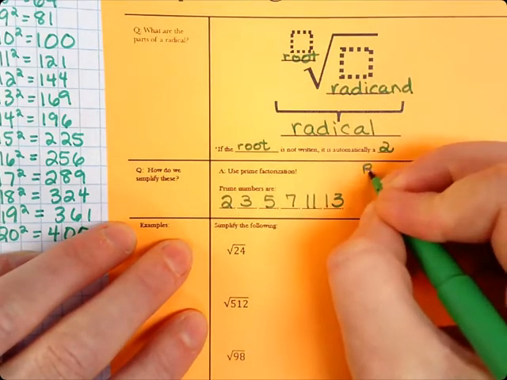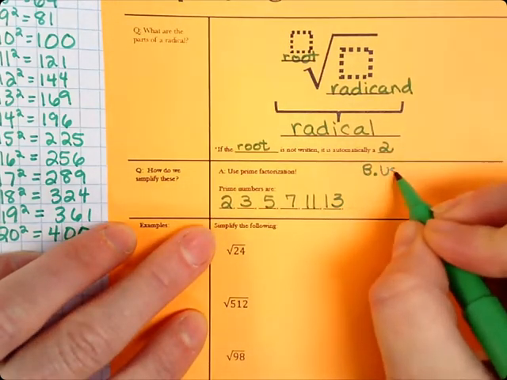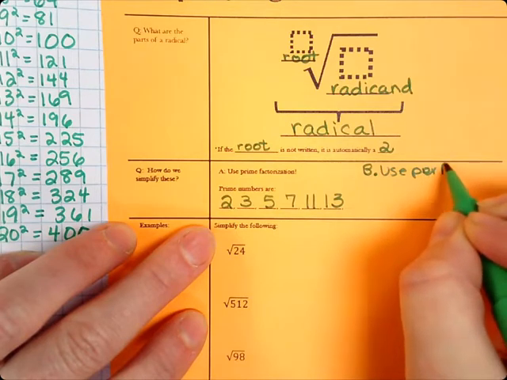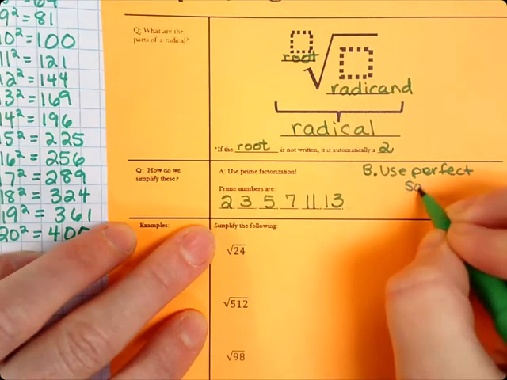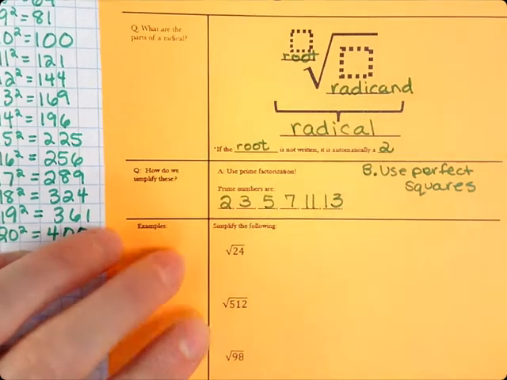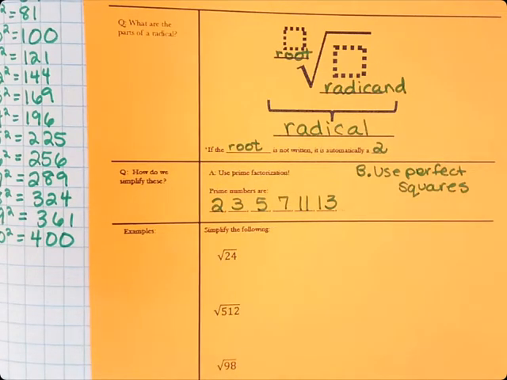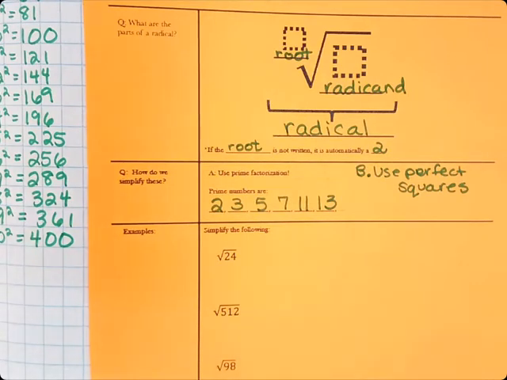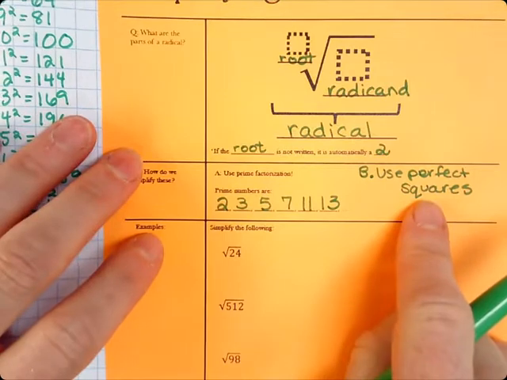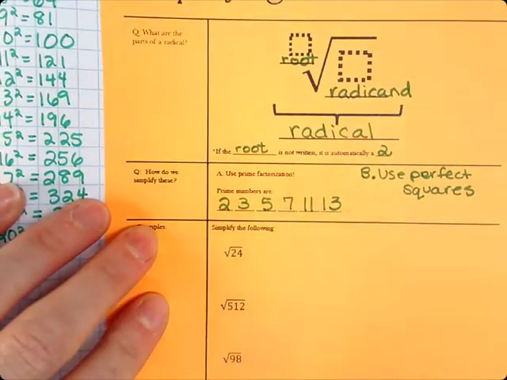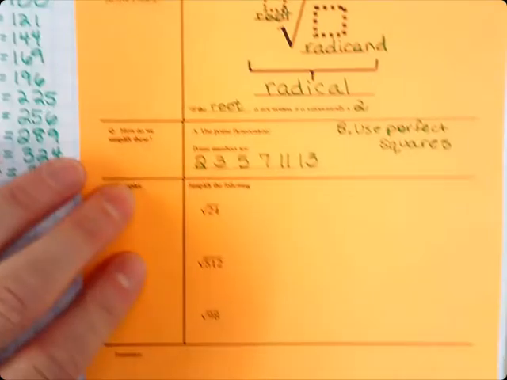The second way is going to be to use perfect squares. So we'll look for perfect square factors of the numbers that are inside the radical that we can simplify. I'm going to teach you the perfect square way, but there's also a prime factorization way. We're going to focus on the perfect square way though.